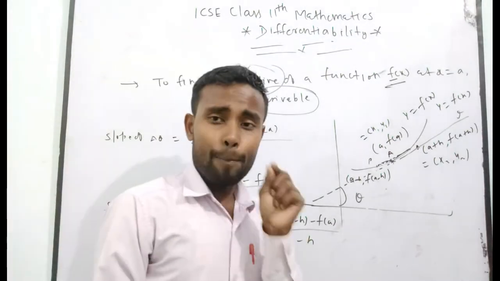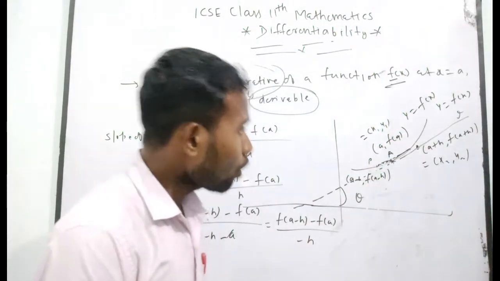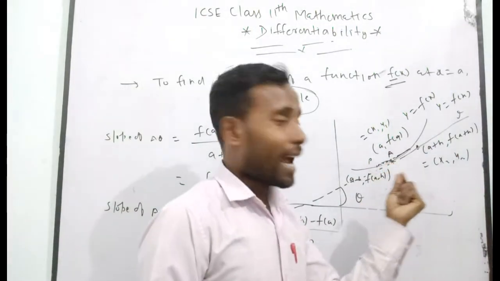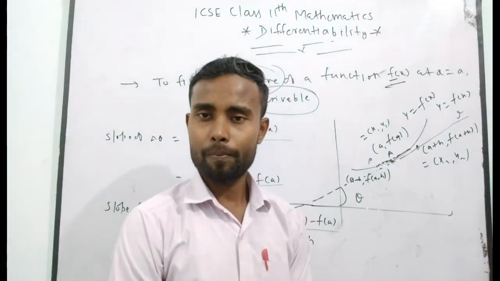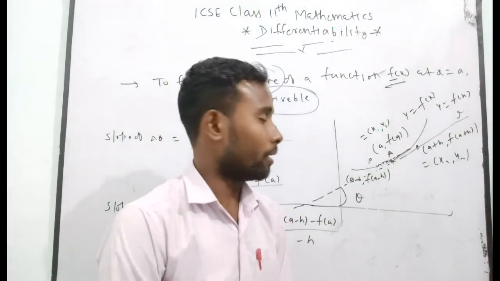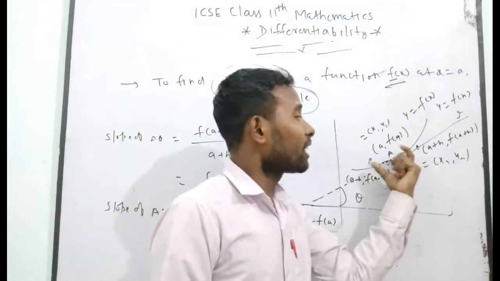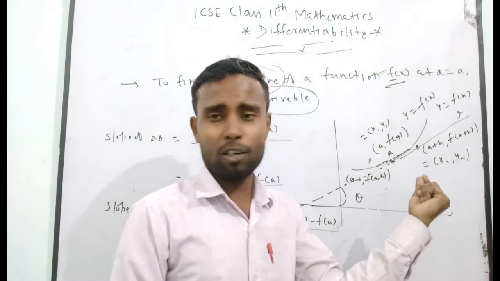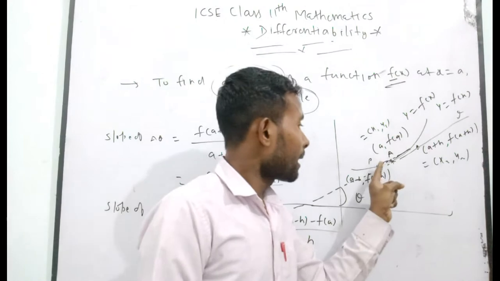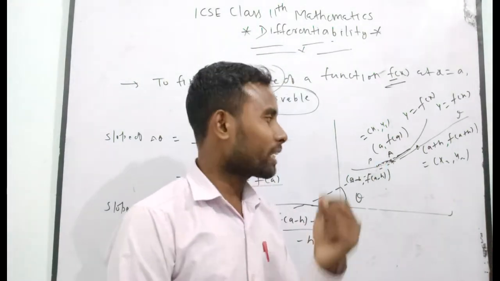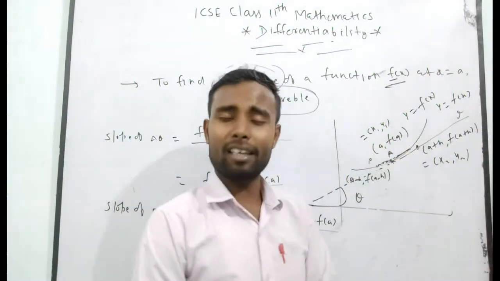Now I have to find simply the slope of this line L. As you know, A is a point and P and Q are very, very close to A. For better understanding, I have taken P and Q at some margin from A, but in reality P and Q are very close to A. That means you can think of a small distance between A and P, and A and Q.